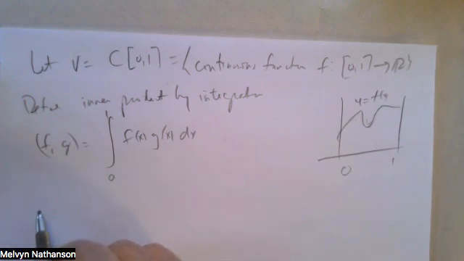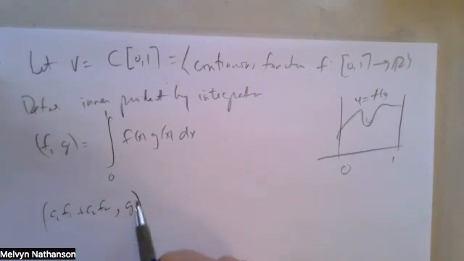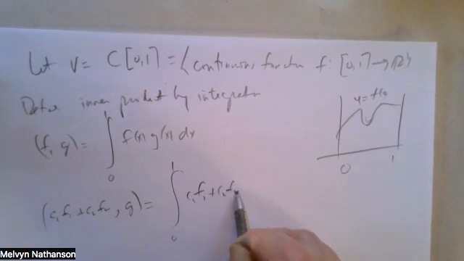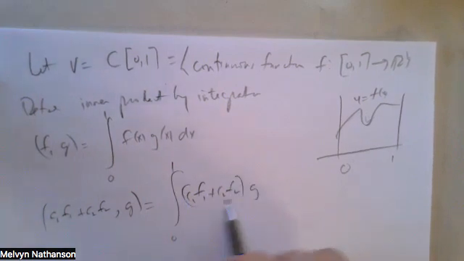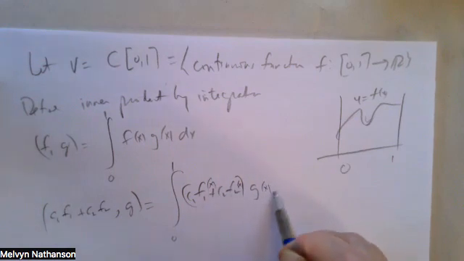Well, suppose, for example, I take some linear combination of functions, c1 f1 plus c2 f2, inner product with g. So that's the integral from 0 to 1, c1 f1 plus c2 f2 times g of x dx.